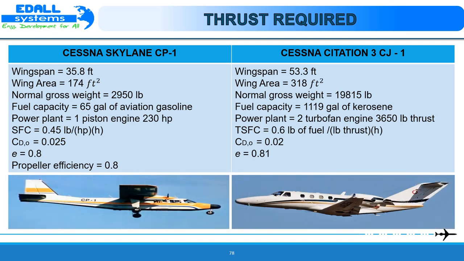For all the next examples in this session, two types of aeroplanes will be considered. A light single-engine propeller-driven private aeroplane approximately modeled after the Cessna Skylane as shown here.